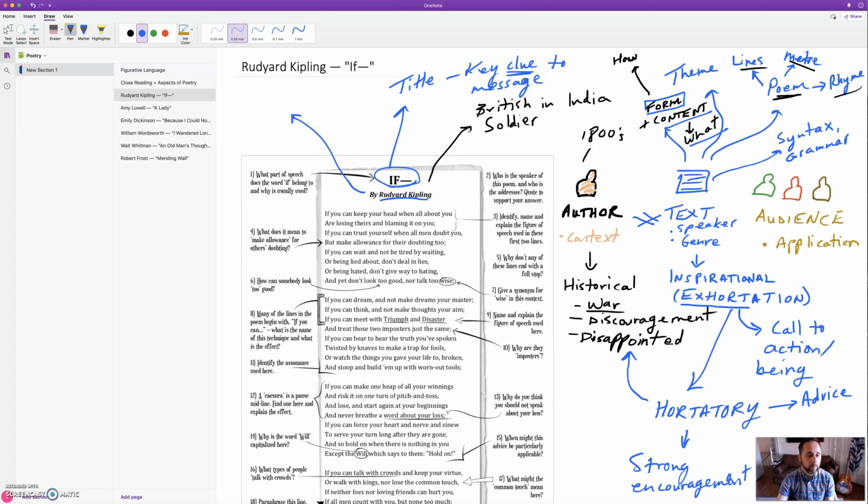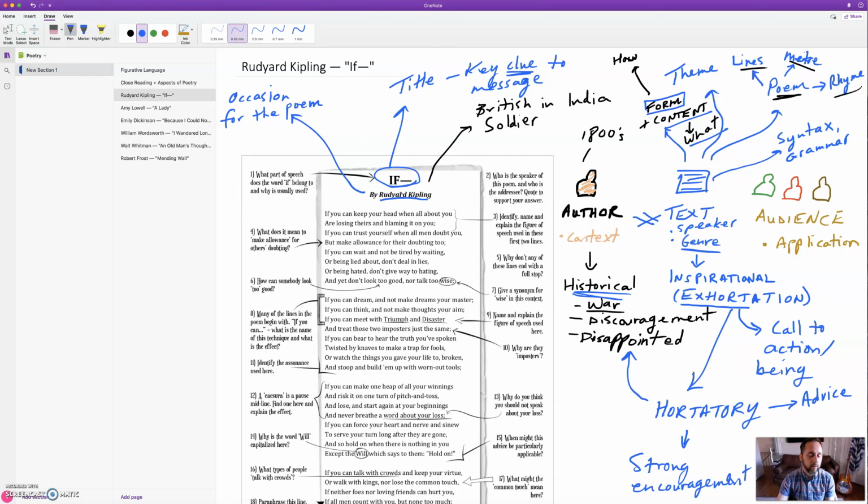So if we think about Kipling and this historical context, we call that the occasion for the poem. So what was the source of inspiration? What events or what was going on in the author's mind and life when they wrote the poem? That's the occasion. So we know a little bit about that. We know that that's connected to the genre and so forth.